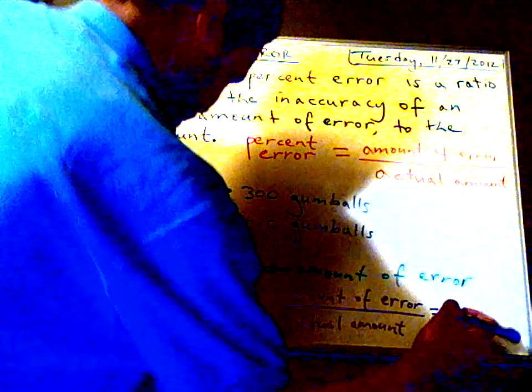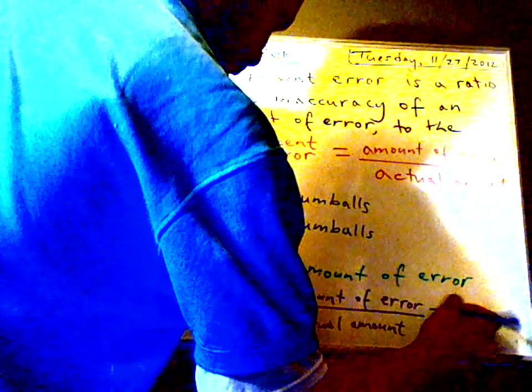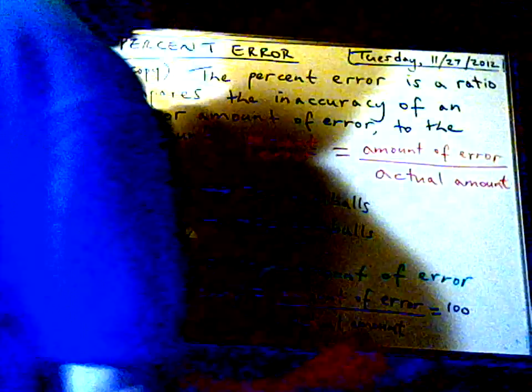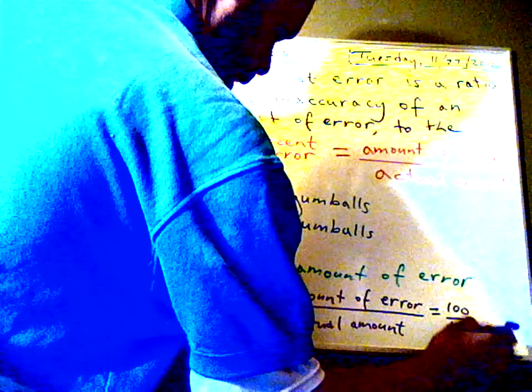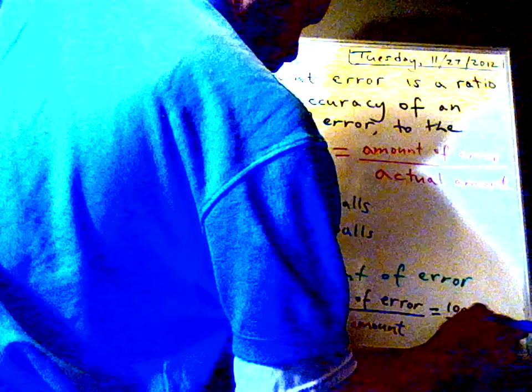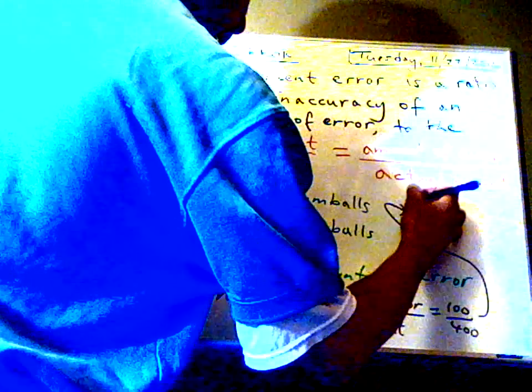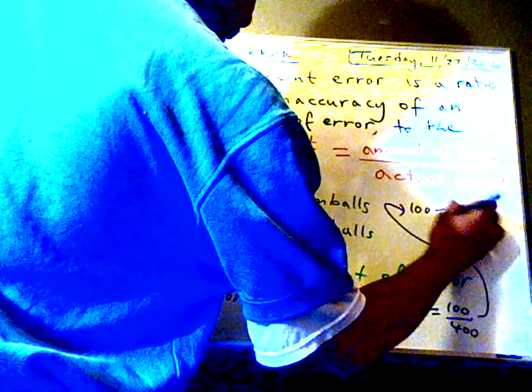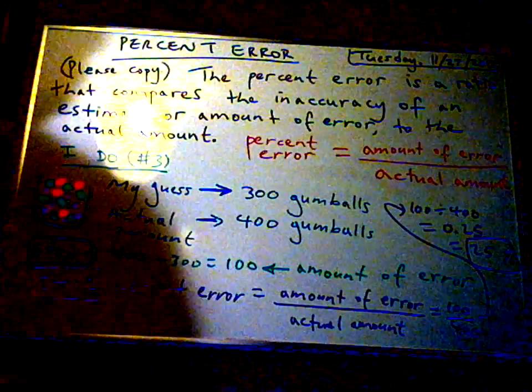So that's going to be 100 over 400. If we do this, 100 divided by 400, we get 0.25, which we know as a percent is 25%. We should know that from memory. Okay, so 0.25 is 25%.